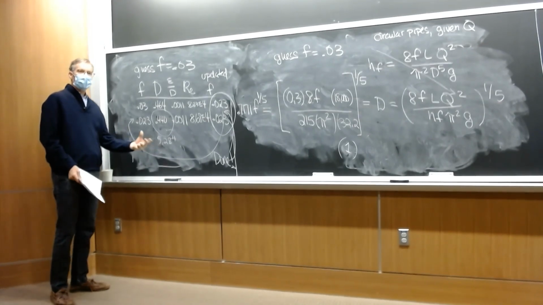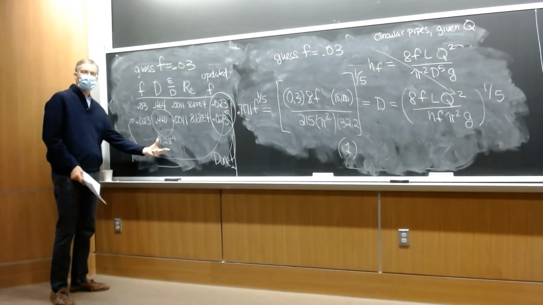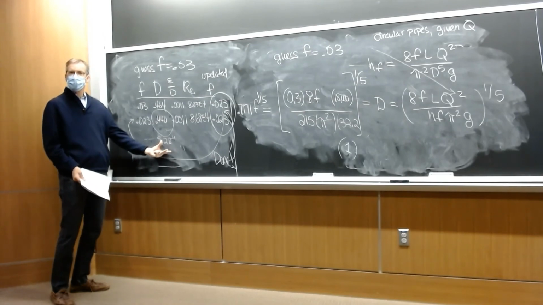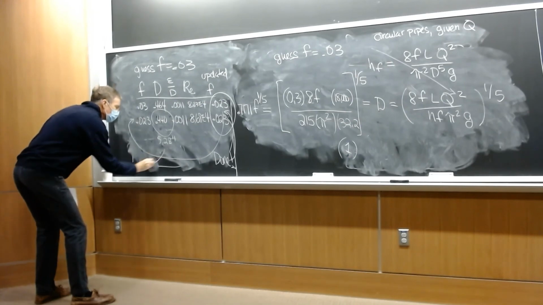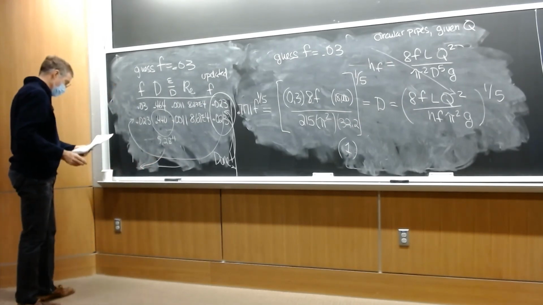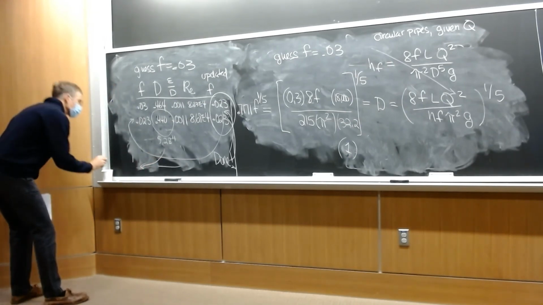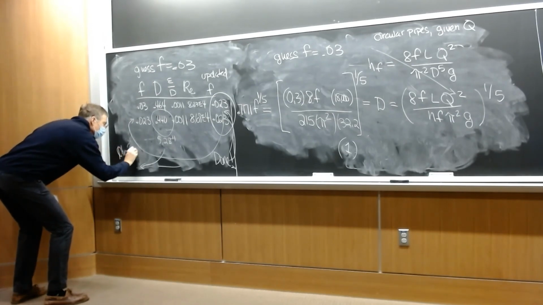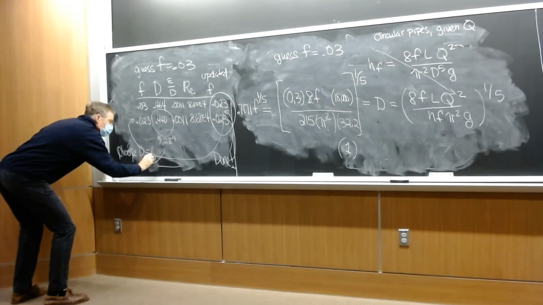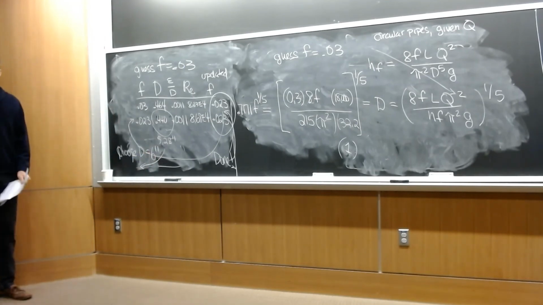I think you go from 4 inches to 6 inches is what you can get in commercially available pipe. So from here you'd choose D equals 6 inches, and you're done.